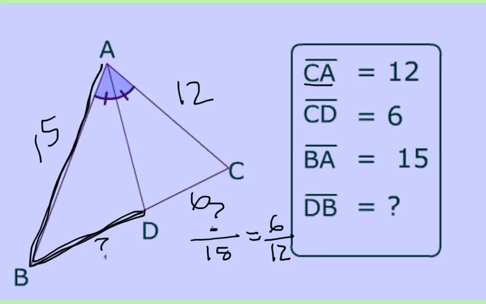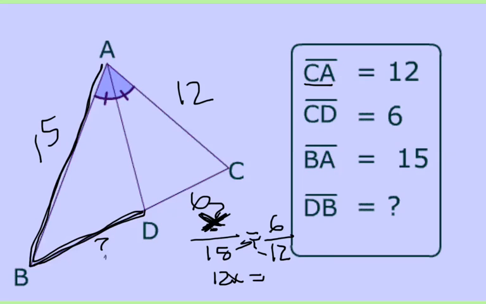Okay? Well, some of you already said, oh, 6 is half of 12, so whatever is half of 15, and that's right. But if you didn't see that, you'd put an X right there. And remember, when you're solving proportions, just cross multiply. So 12 times X is 12X. 15 times 6.